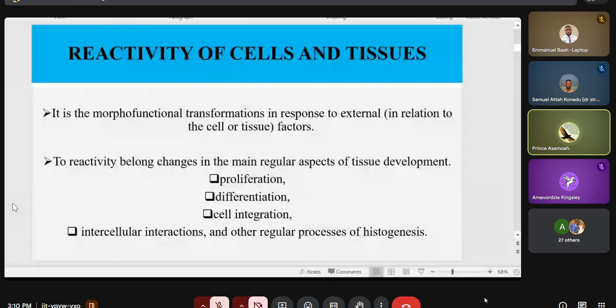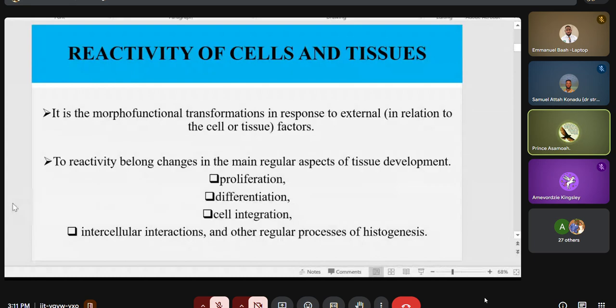It can also affect their differentiation, especially when it has to do with stem cells. We've learned this, being able to pick up the role of other cells.